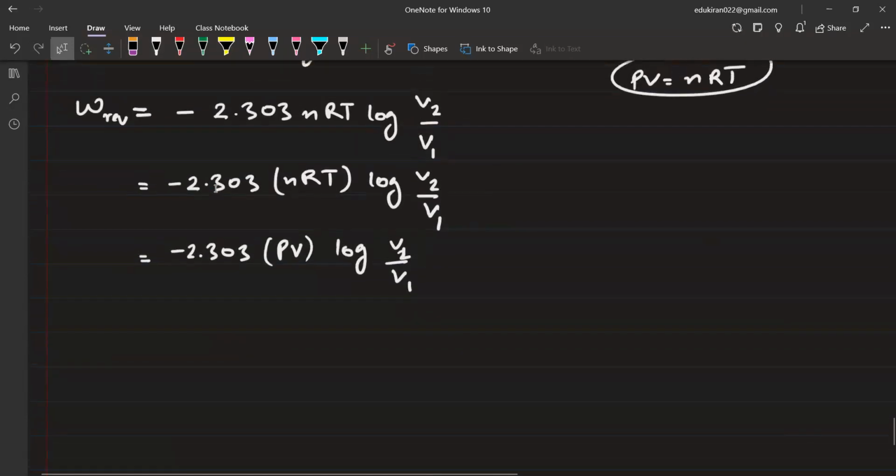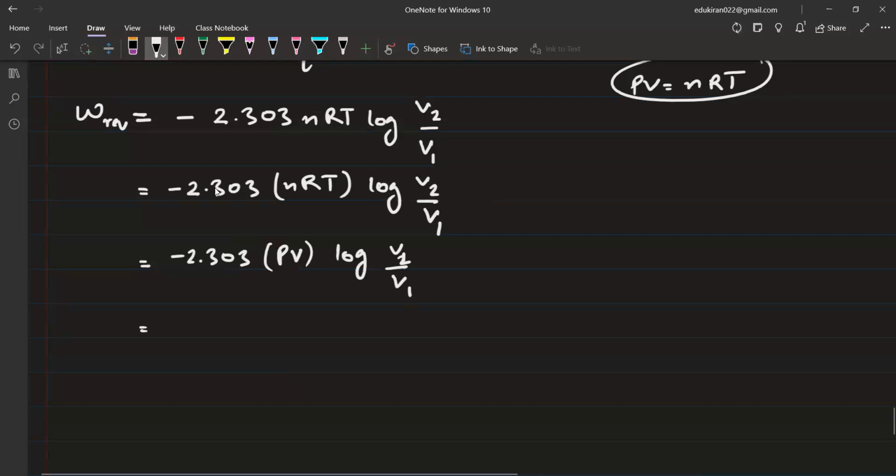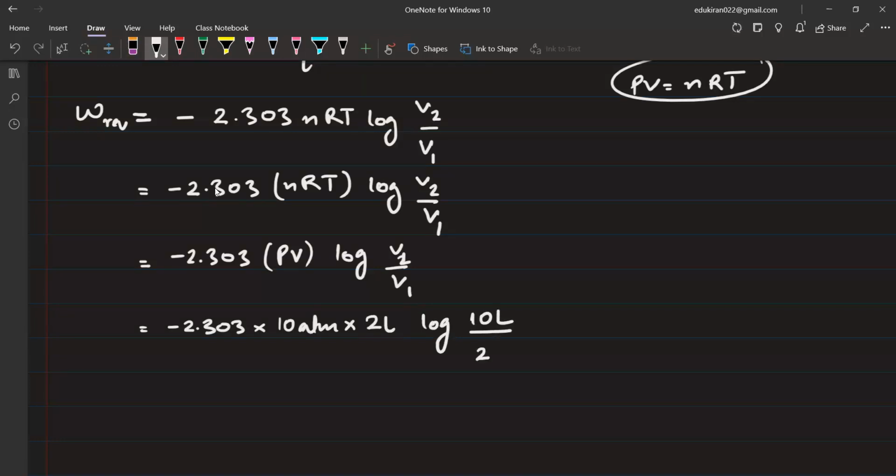Yes or no? What do we take in PV? So minus 2.303, and then we can do what? Into 10 into 2 liter atm here. 10 into 2 log of final volume 10 and initial 2. So pressure is 10 atm into volume is 2 liters, and log of V2 is 10 liter divided by initial volume 2 liters.